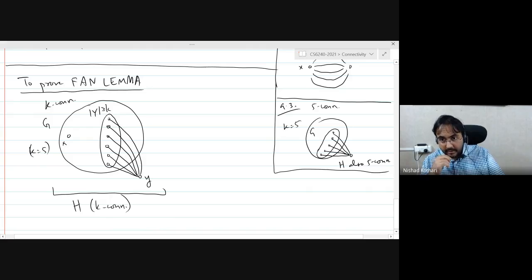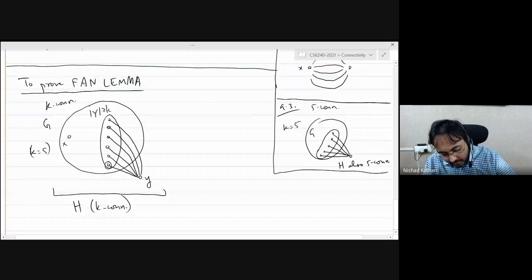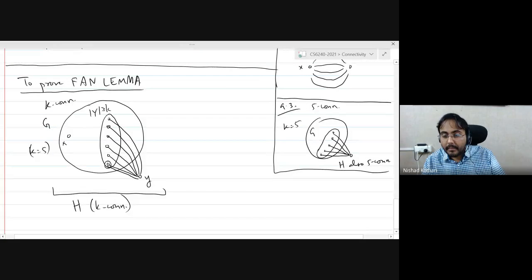If you take the internally disjoint paths, each such path will have to come to a vertex in the set Y, and then it will have to go to the vertex y here, and the same for any other path. So what I could do is chop them off at the last vertex, and that will give me a k fan.